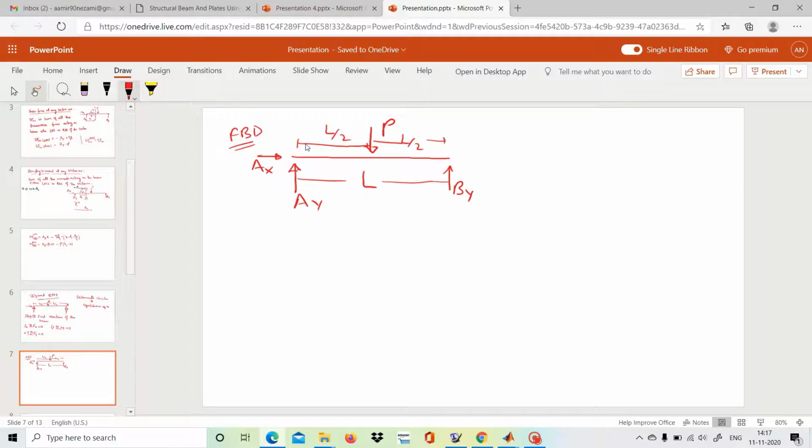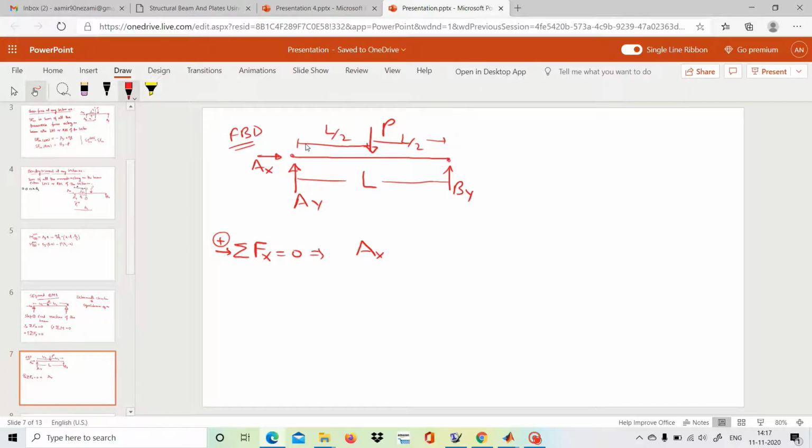Therefore now, sum of all the forces along horizontal direction, if we consider right side as positive. Force AX is the horizontal force, and is there any other horizontal force?